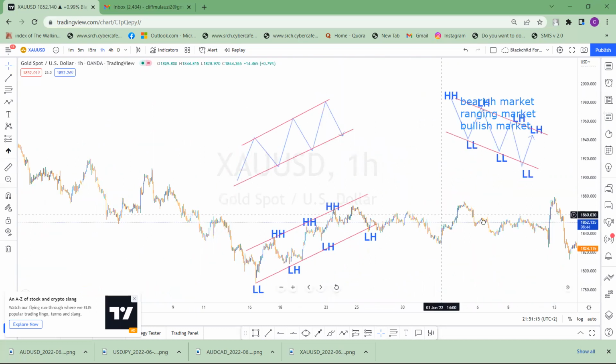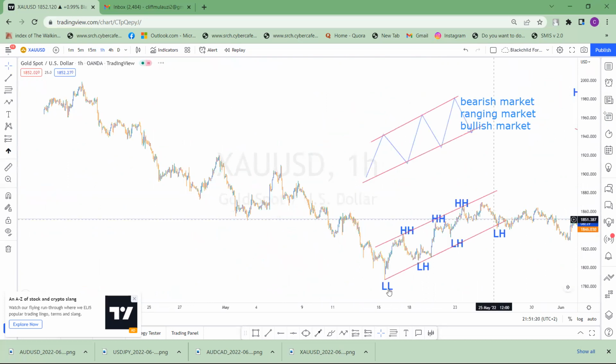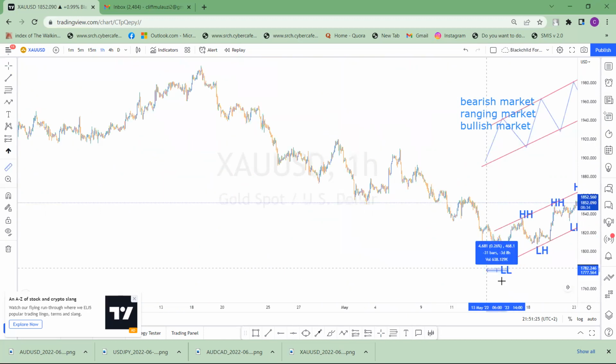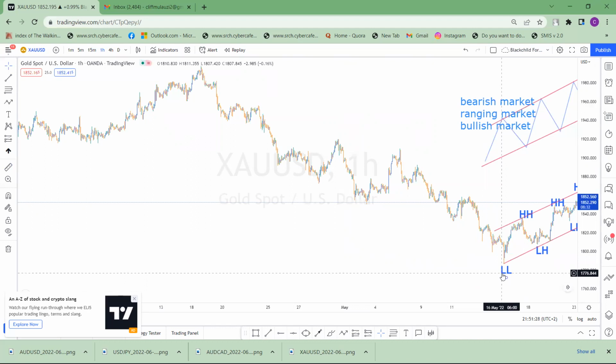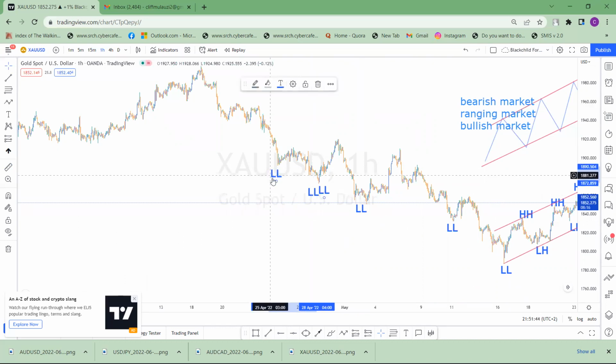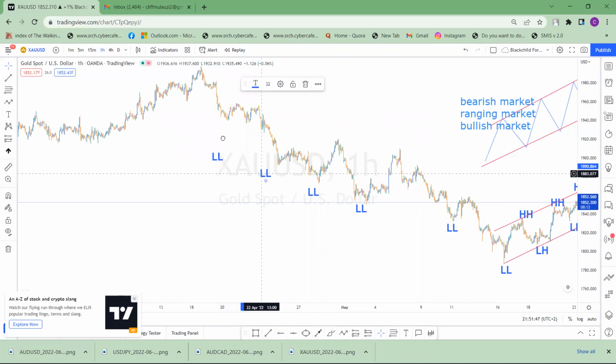A very good example of a lower low is this example, whereby we are seeing the market having its lowest low, lowest low, and another lowest low, again and again.